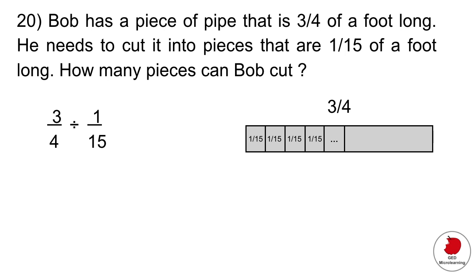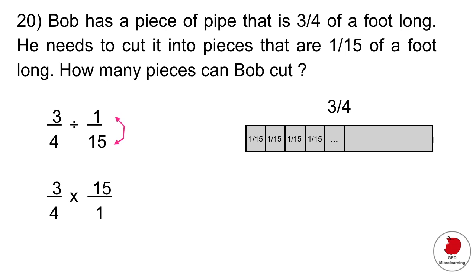So when you divide by a fraction, you have to remember that what you really are doing is multiplying by the reciprocal. What does that mean? It means that you're going to take your second fraction and flip it over, okay? And instead of dividing, you're multiplying. So instead of dividing by 1/15, you are now multiplying by 15/1. And now this is very easy, right?